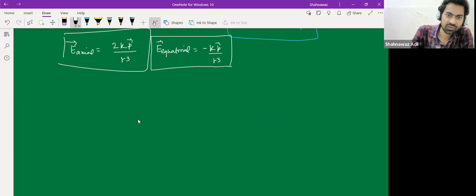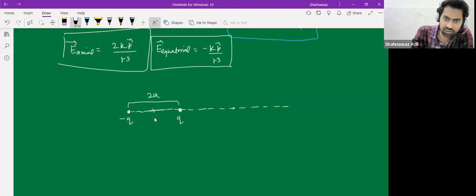Okay, so we have this question. There are two electric dipoles. One is this, with charges minus Q and Q, and the separation is 2a.